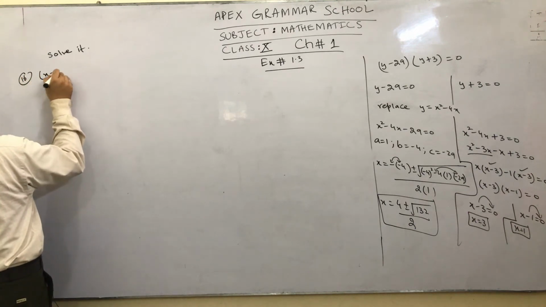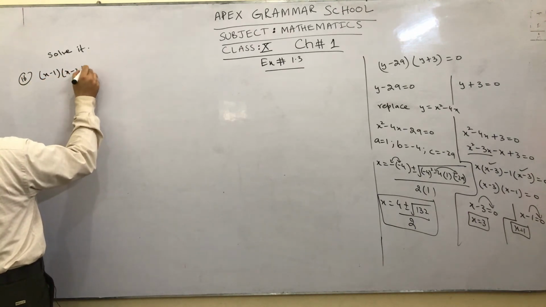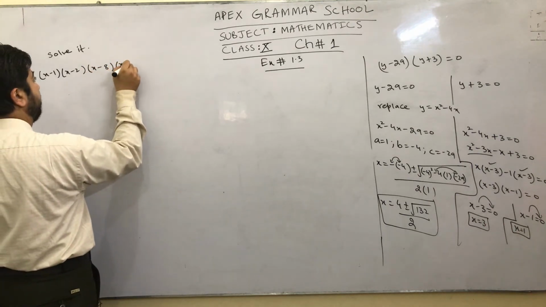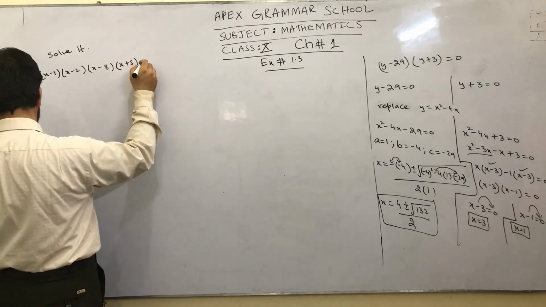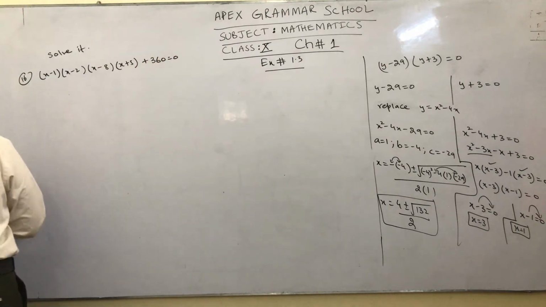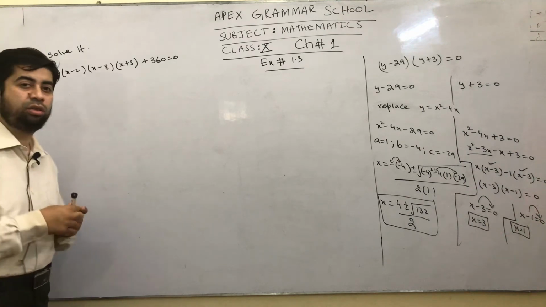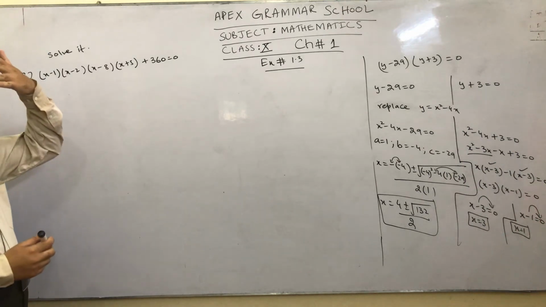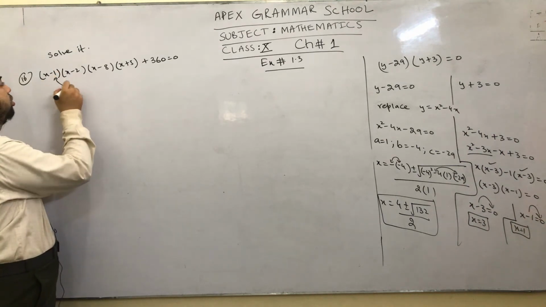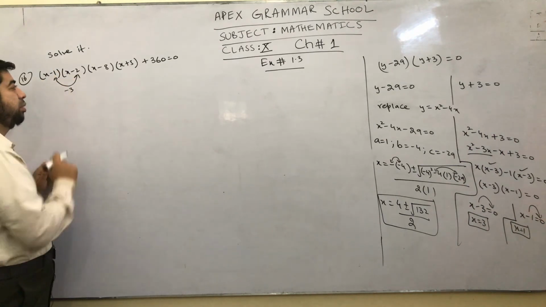X minus 1, x minus 2, x minus 8, x plus 5, plus 360. Just like previous question number 15, you just have to make pairs. First, minus 1 and minus 2. What is the answer of minus 1 and minus 2? That is minus 3. Okay.